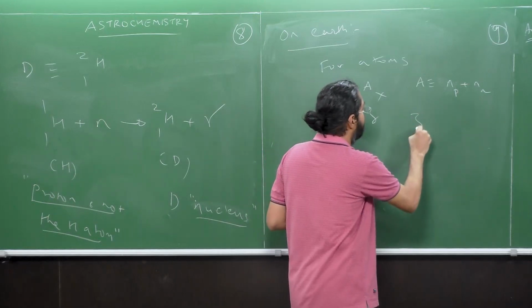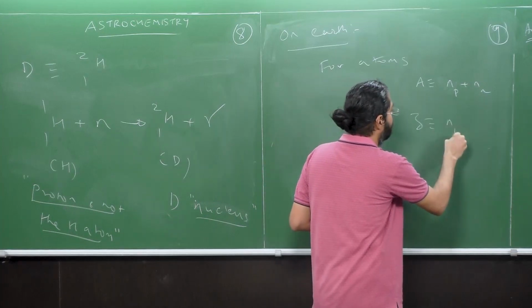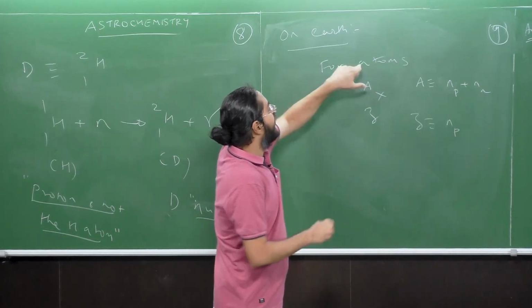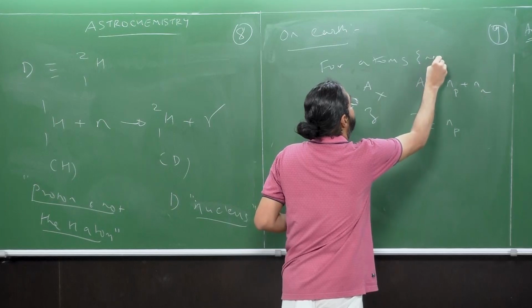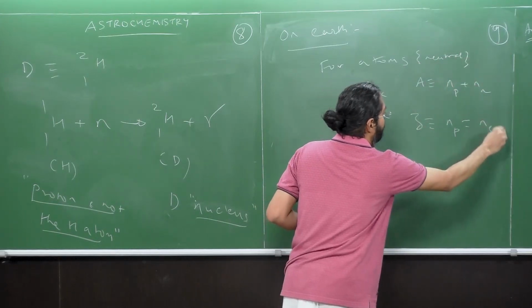And Z is the atomic number, which is equal to the number of protons, and for neutral atoms, it's also equal to the number of electrons.